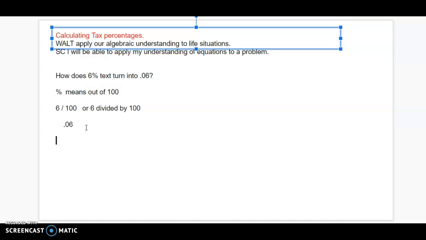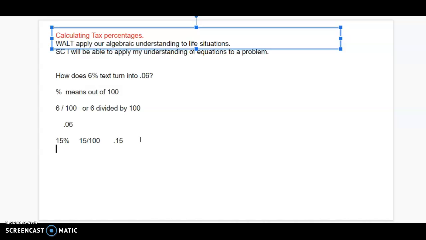Now, we were talking about 15% GST. That is the same as 15 over 100, which is the same as bouncing the decimal point back 2 jumps, because we're dividing, so we're going backwards, 1, 2, and putting my decimal point in, 0.15.